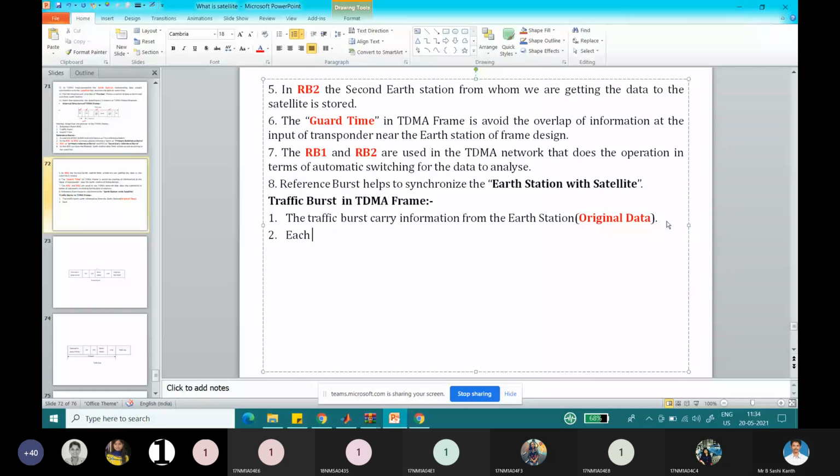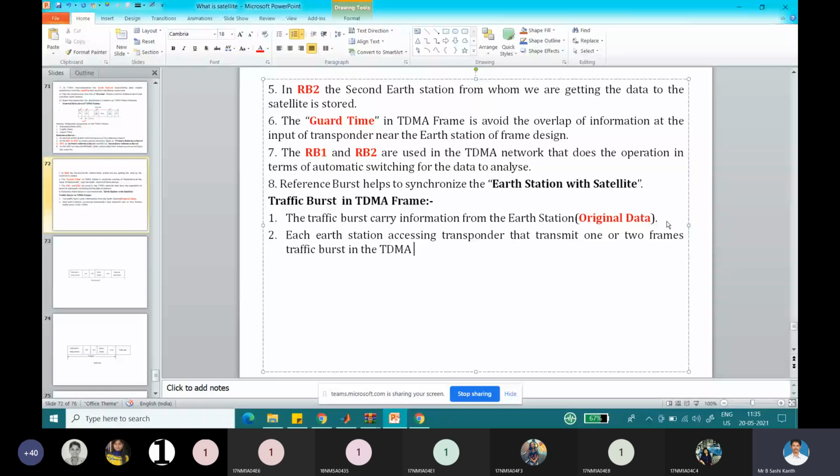So each Earth station accessing the transponder will transmit one or two frames of traffic burst in the TDMA frame.